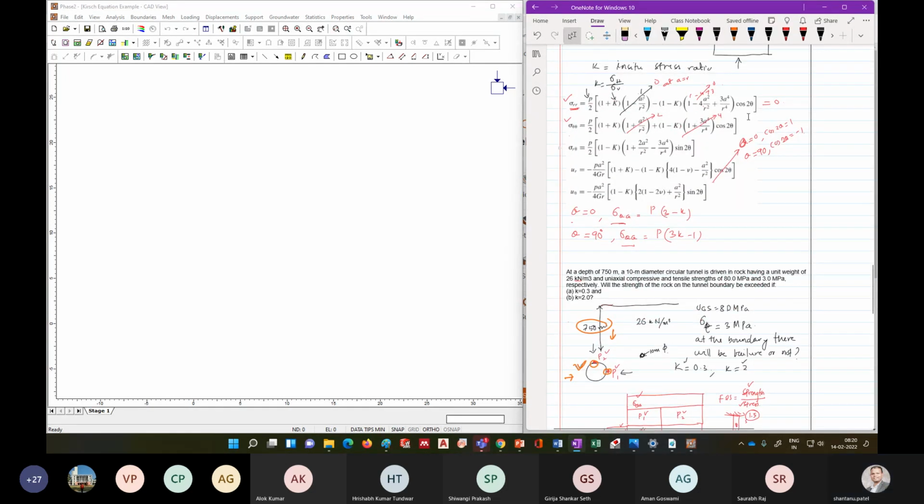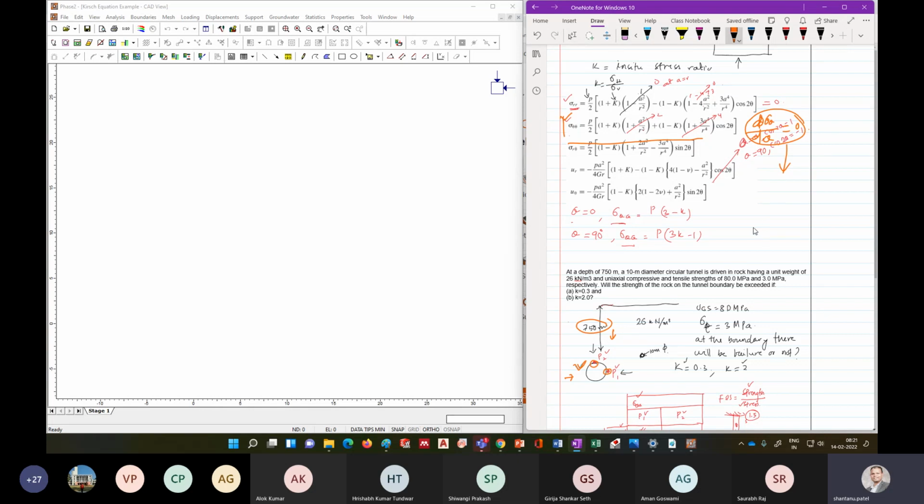If you take this sigma theta equation and differentiate it, d sigma theta by d theta, and put it equal to 0, you can find where the values are maximum or minimum.